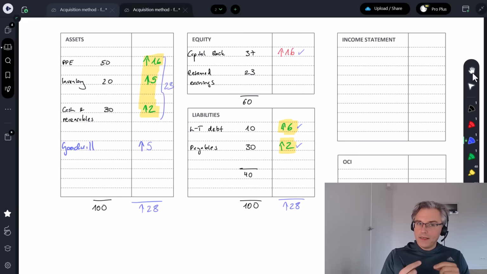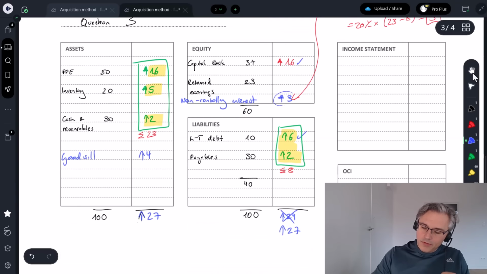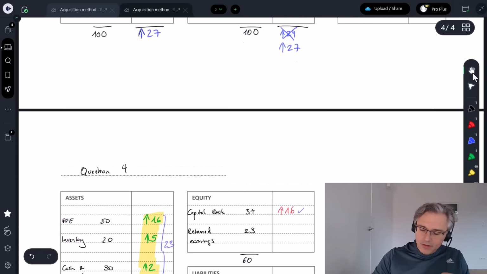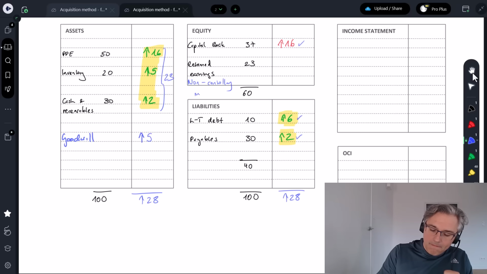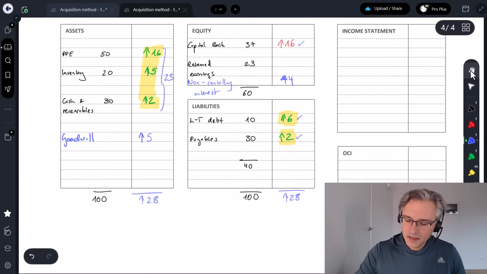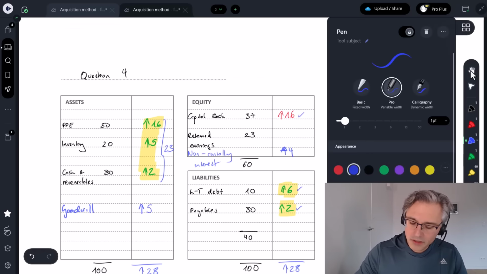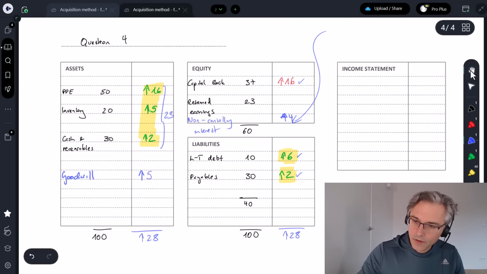So we're missing an additional 4 instead of the previously missing 3. Well, obviously, that's still called non-controlling interest, except this time around it's higher. It's 4. Now, how do you justify this in some other way than just whatever we need to balance the balance sheet? Well, let me explain that to you.